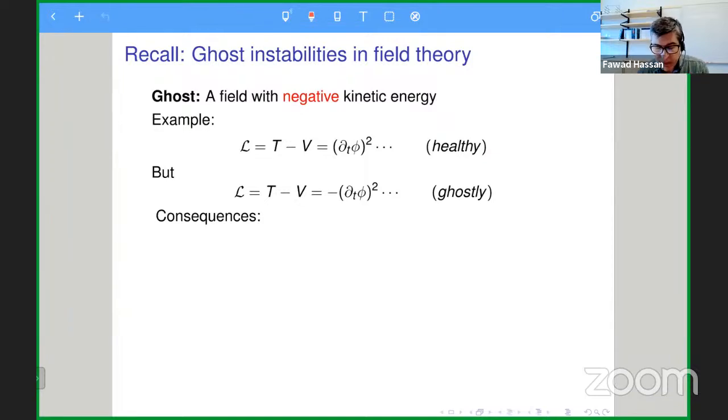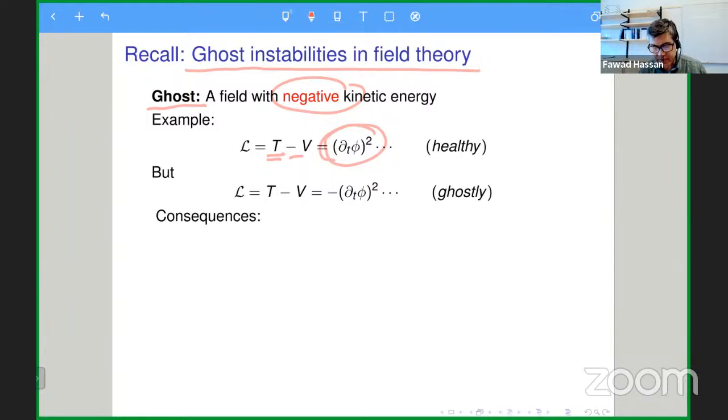First we start from the basics. Before we start, I just want to remind you about the notion of ghost instabilities in field theories. A ghost is a field with negative kinetic energy. For example, you have a Lagrangian that consists of kinetic energy minus potential energy, and the kinetic energy term starts from the velocity of the field squared.